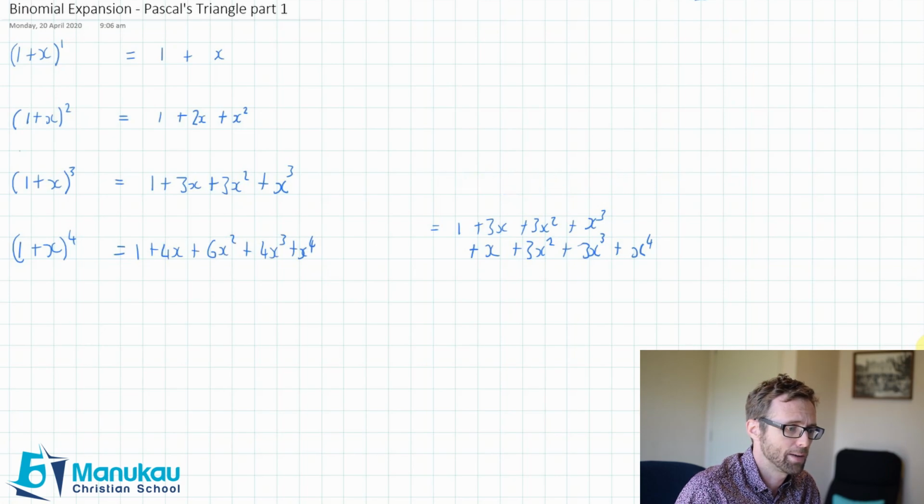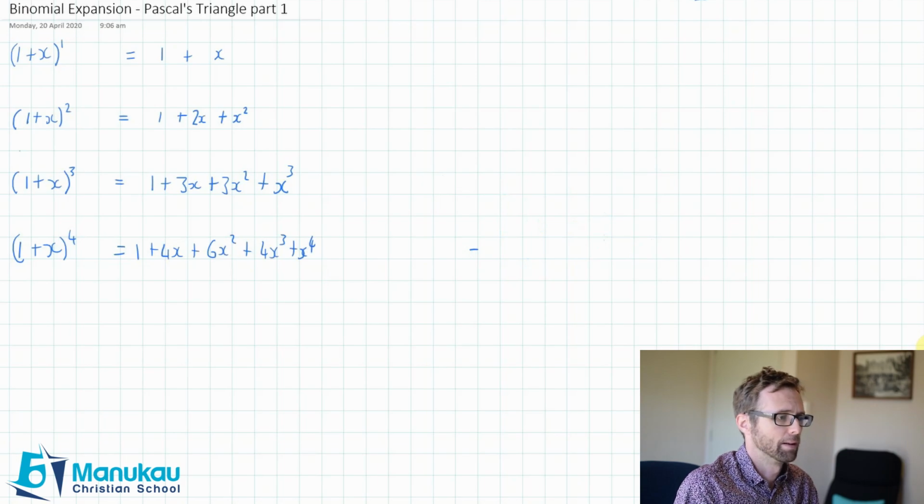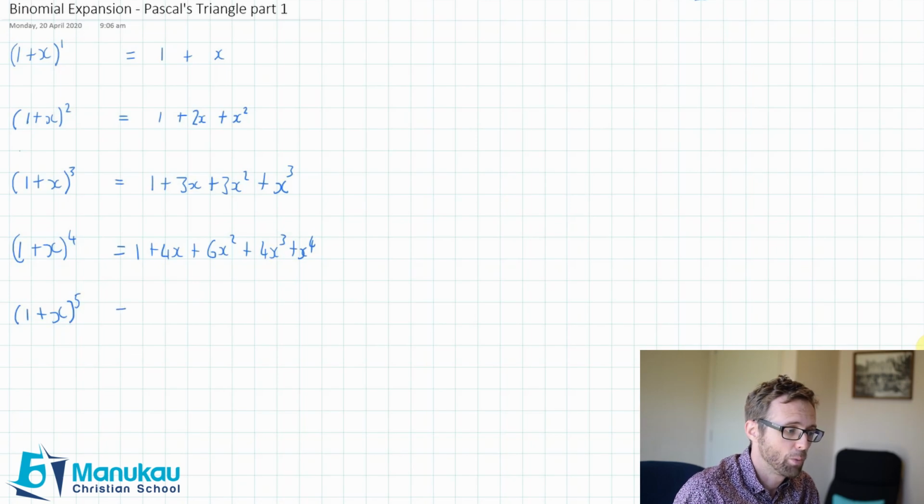Now, I'll clear a bit of space over here. Let's try one more, shall we? Let's now move on to 1 plus x to the power of 5. What is that going to be? Well, we're going to take all of this here, what we got for 1 plus x all to the power of 4, and we're going to times it by 1 plus x.